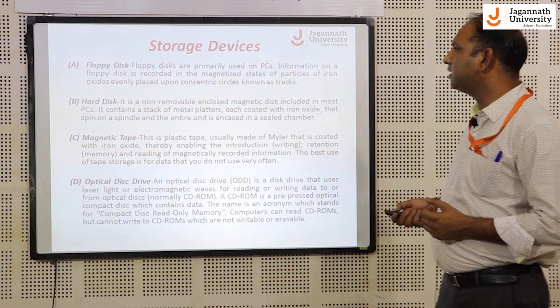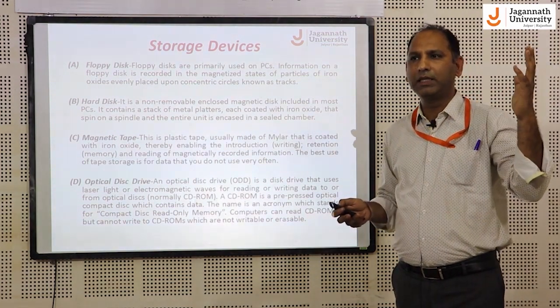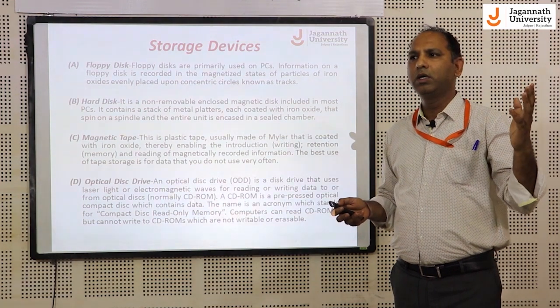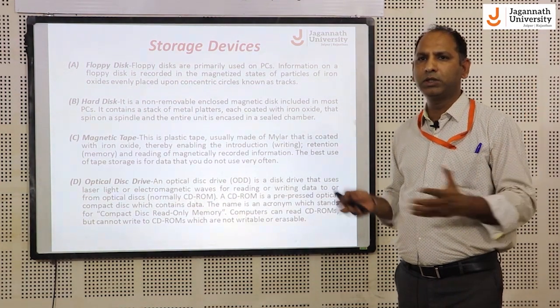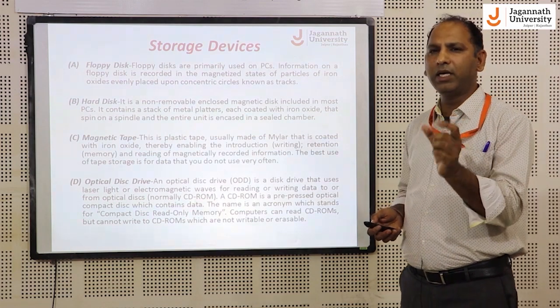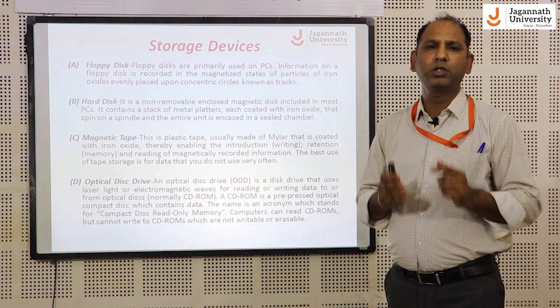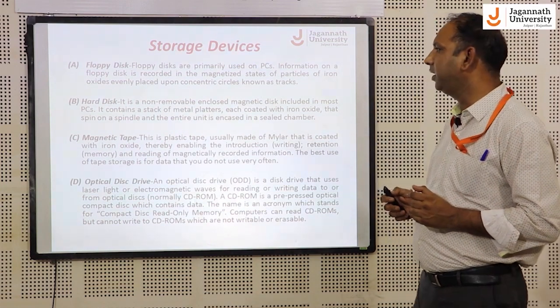The storage devices. The floppy disk, I think in 2001, 2002, it was used as a storage device, and the floppy disk has very limited storage, 64 MB of data storage we can use on a floppy disk.